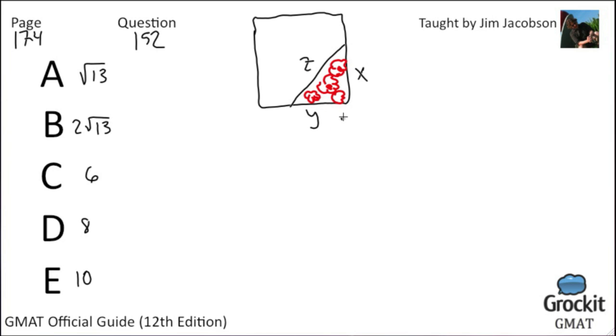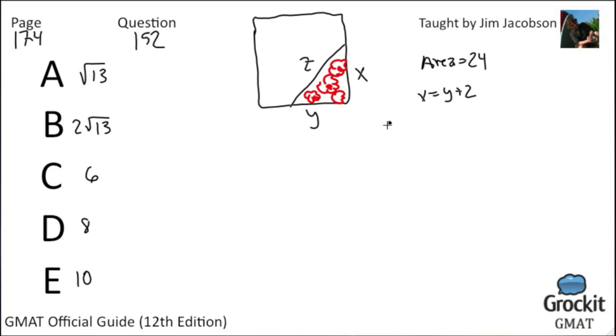Okay. We also know then the area of the bed, which is the shaded portion. So the area of this triangle, which is a right triangle, is 24. Area equals 24. And we know that x equals y plus 2.